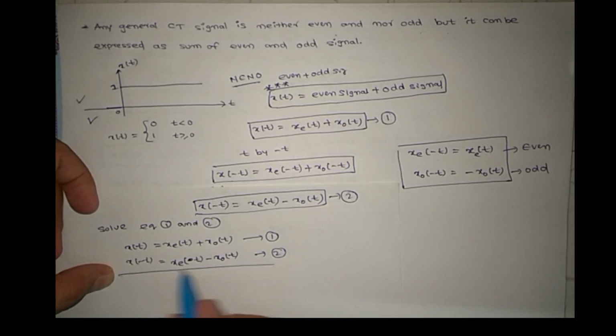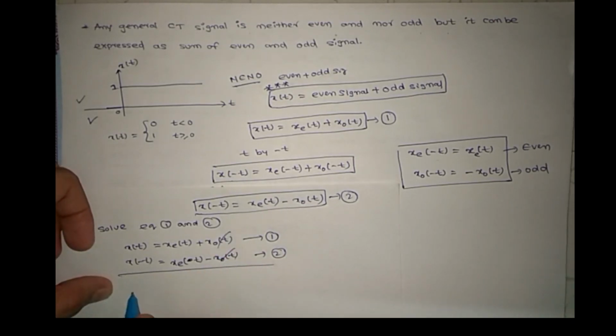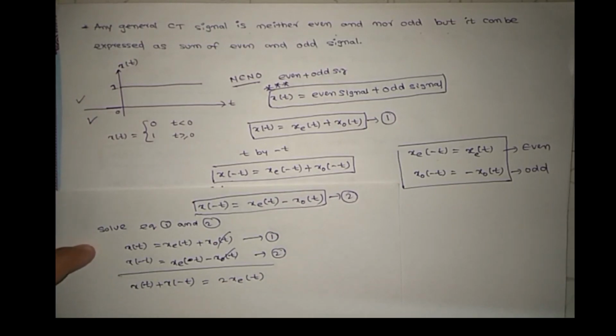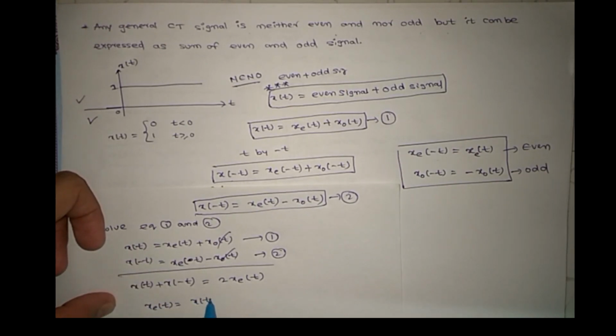So let us simplify this. These two get cancelled out. x of t plus x of minus t equals 2 x suffix e of t. Okay, so x even of t equals x of t plus x of minus t by 2.